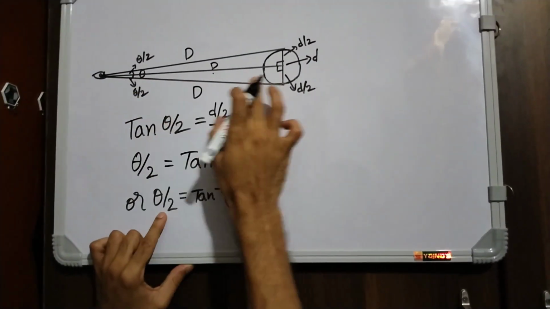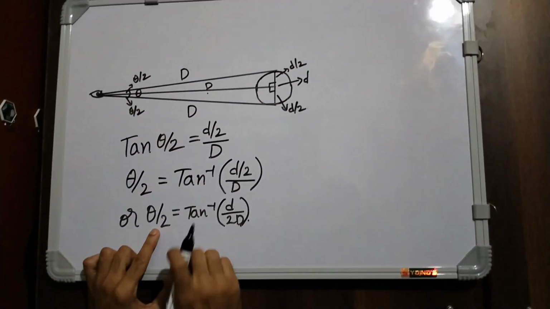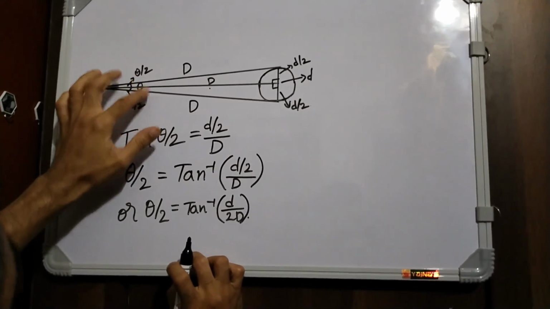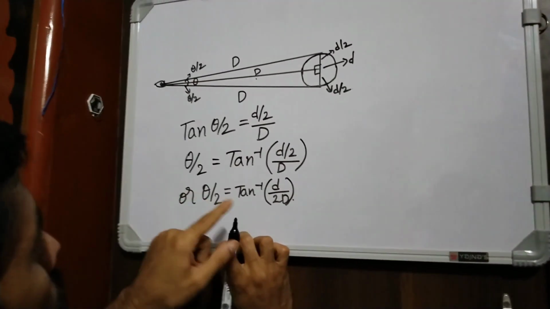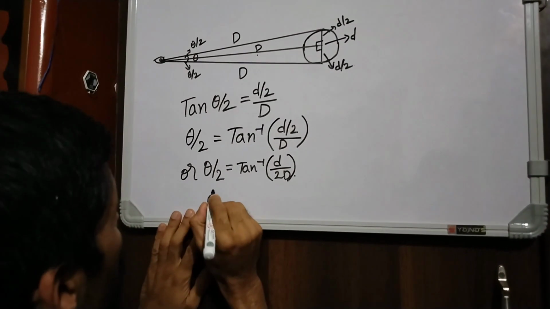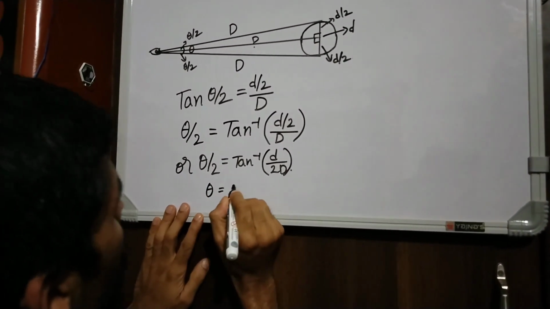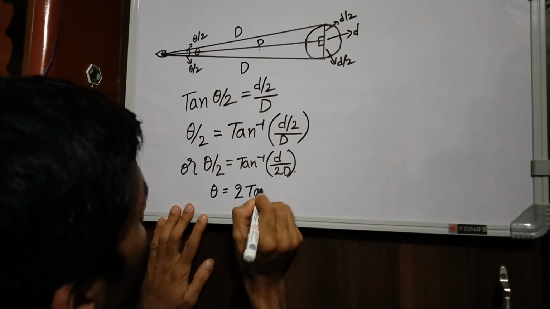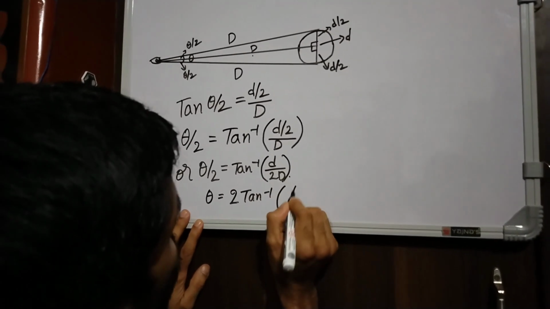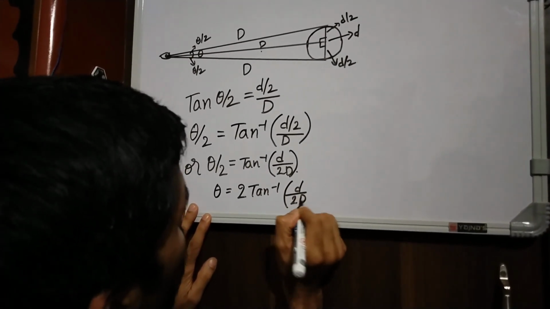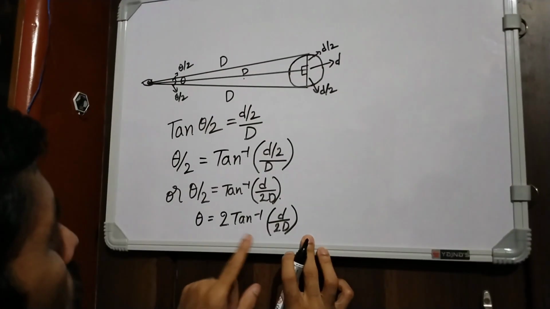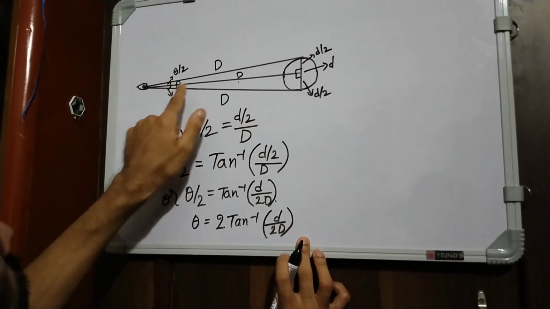This is the formula for theta by 2, but I have to measure theta. That means I have to multiply both sides by 2, then theta is equal to 2 times tan inverse of small d by 2D. This is the formula for the visual angle.